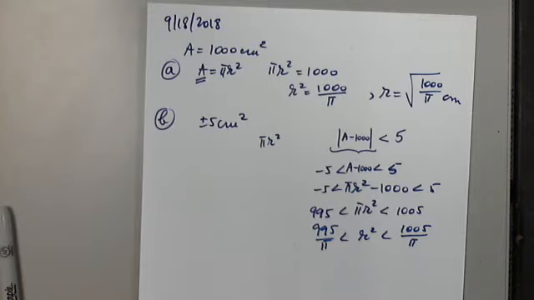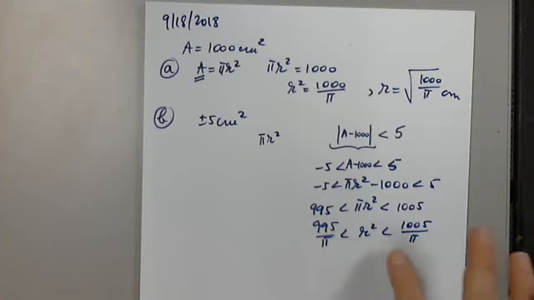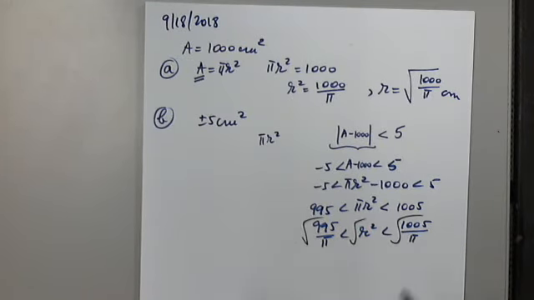What I'm going to do next is not allowed in an inequality unless all three numbers are positive. Are they all three positive? Then I will take the square root. Again, I'm not allowed to do this in an inequality unless I'm absolutely certain that all three are positive. Any questions so far?